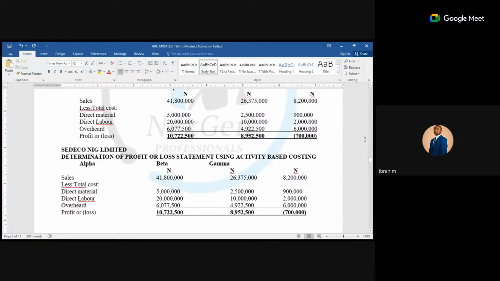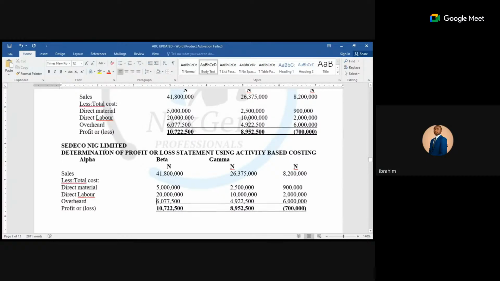The overhead cost will be, so what is the overhead costs coming? Using traditional approach.